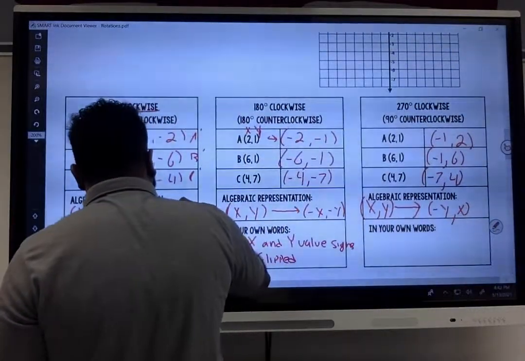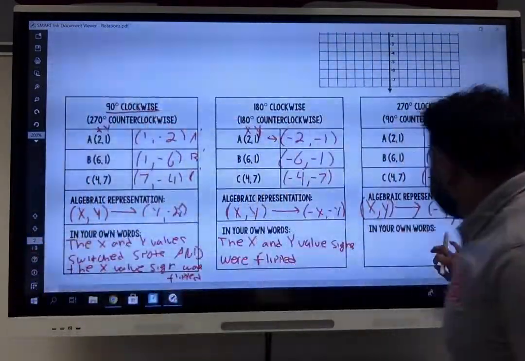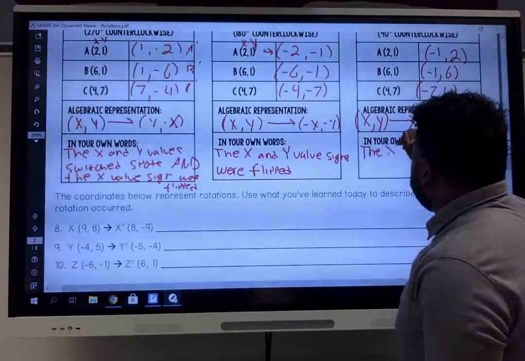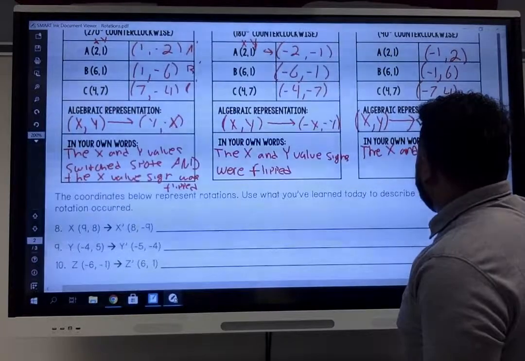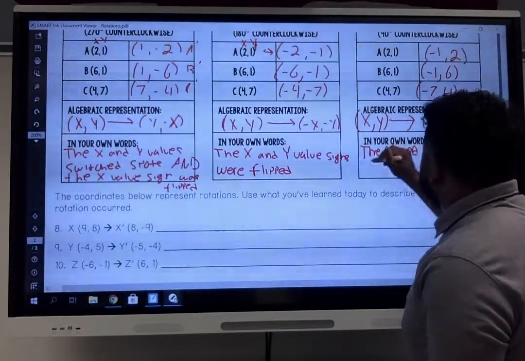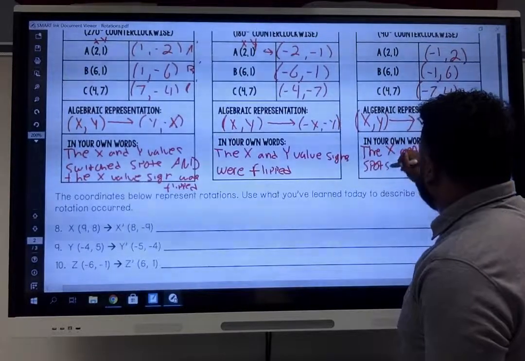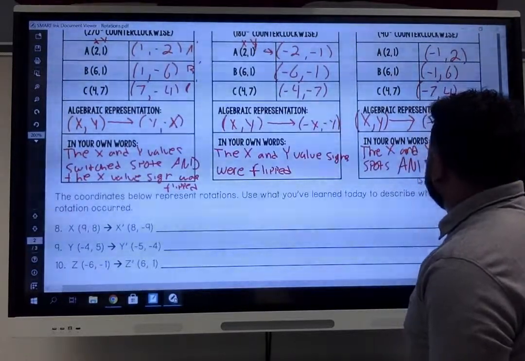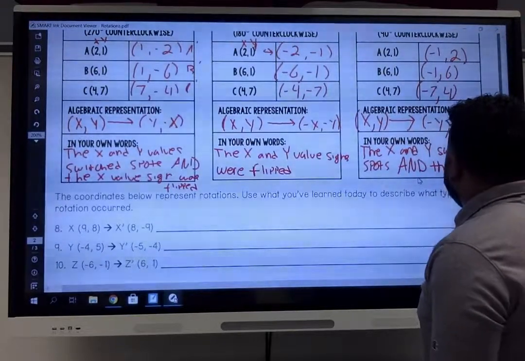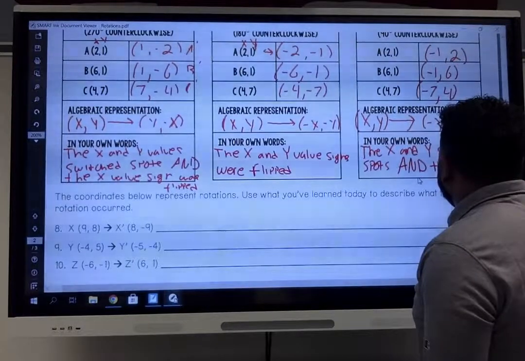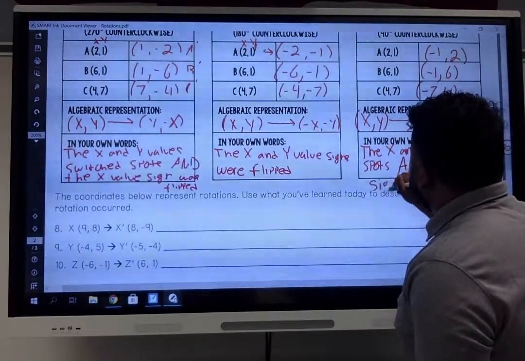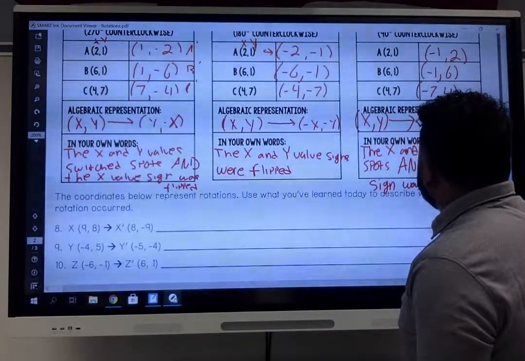So, in our own words, how can we describe what happened? Well, the x and y switched spots, and the y value sign was flipped.